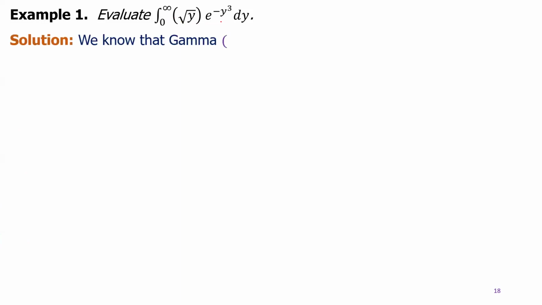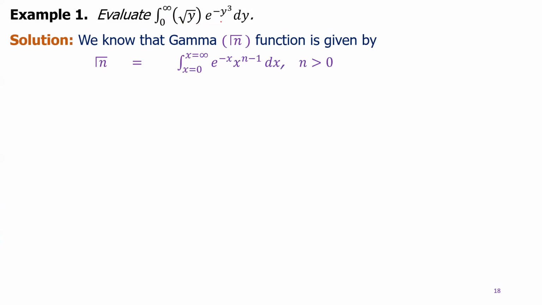We know that the gamma function, gamma of n, is given by gamma n is equal to the integration under the limit 0 to infinity e to the power minus x, x to the power n minus 1 dx. Now if we compare this given integration and the definition of the gamma function, in place of e to the power minus x, here we have e to the power minus y cube.